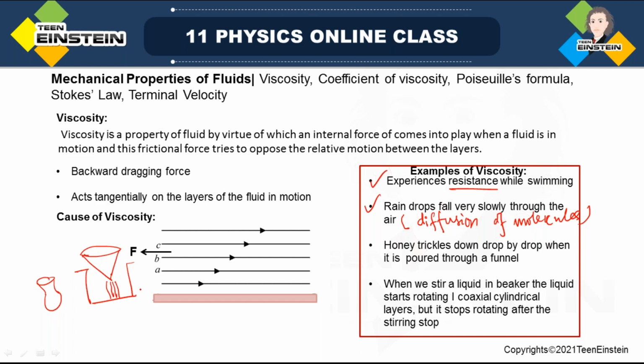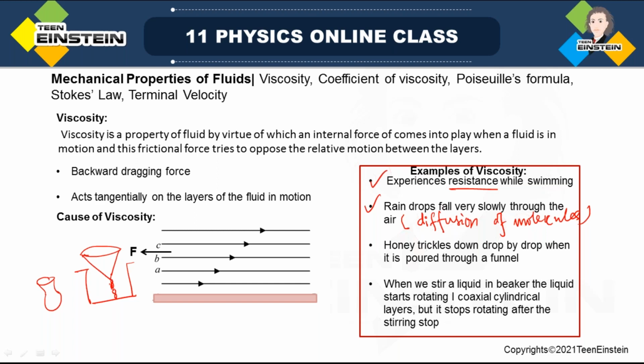But if you take honey, it doesn't fall very fast. It literally trickles down, drop by drop.